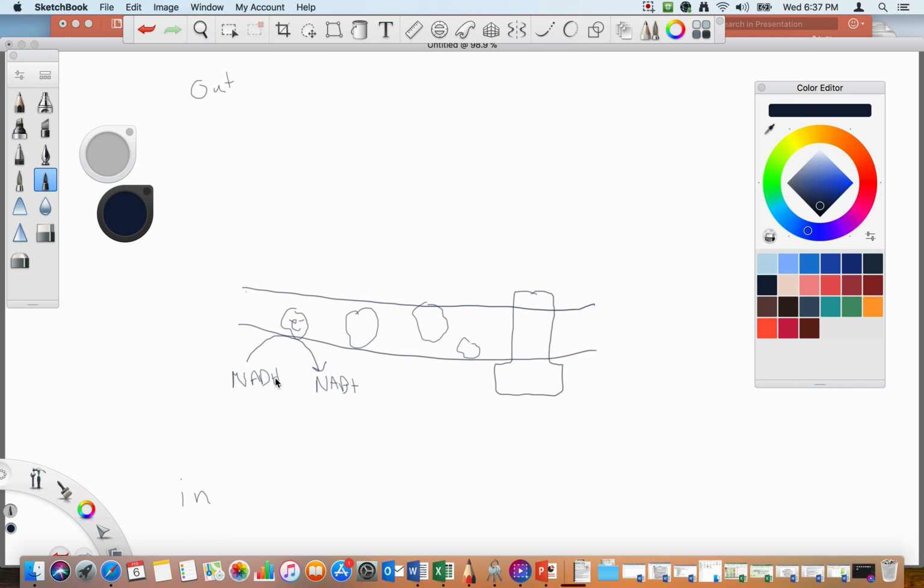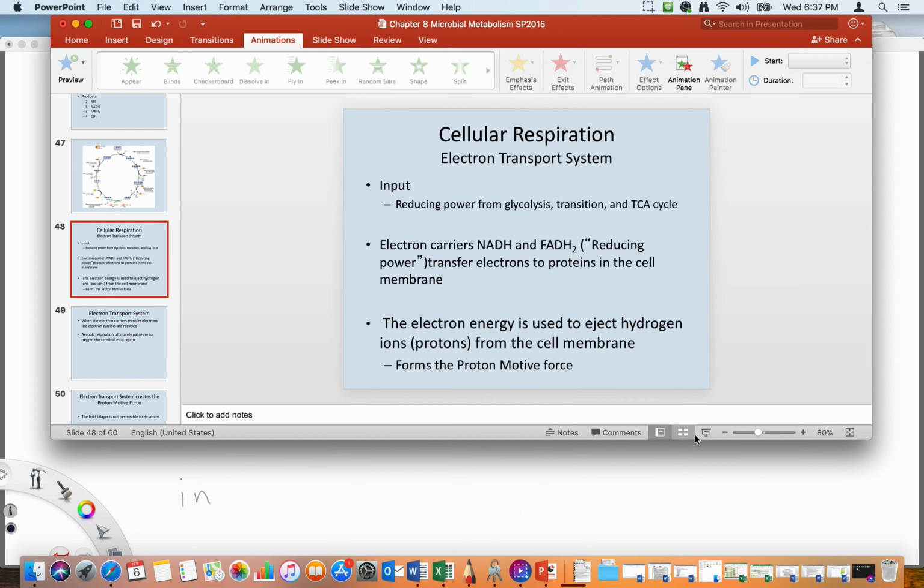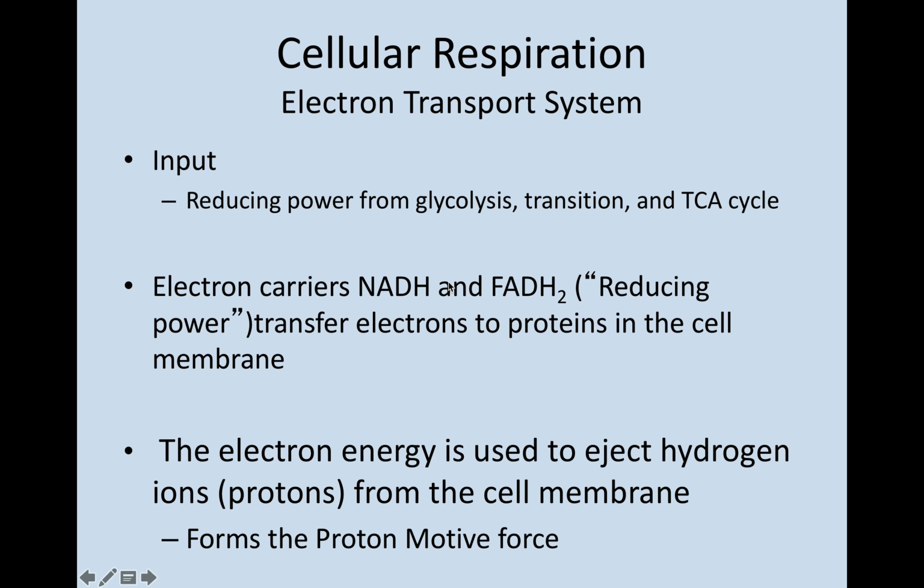So NADH becomes oxidized, loses electrons, loses the hydrogen, and eventually will follow these electrons through the system, but the reducing power donates the electrons to the cytochromes. This electron energy is shuttled from cytochrome to cytochrome, and it's used to eject protons, or hydrogen ions, from the cell membrane. And this is what's going to actually form the proton motive force.